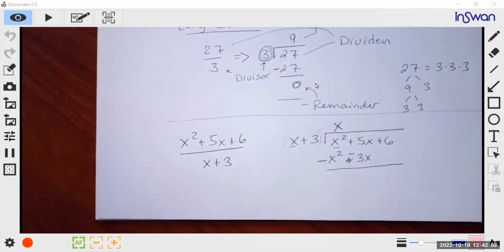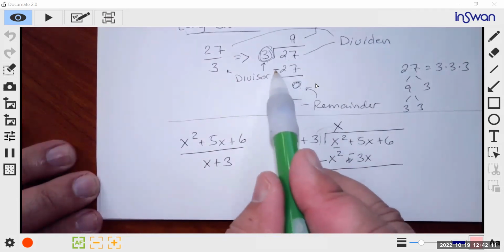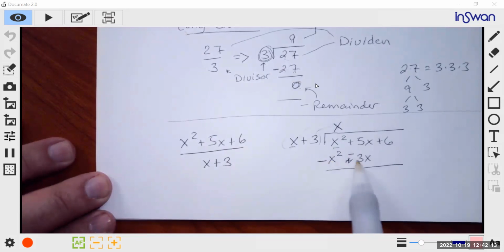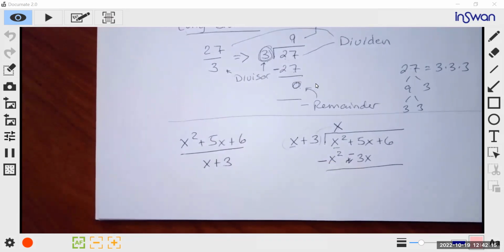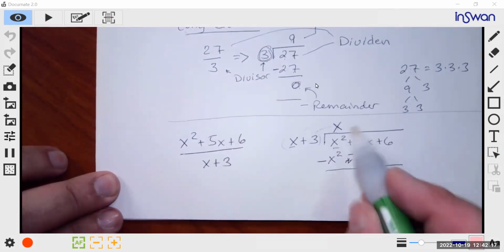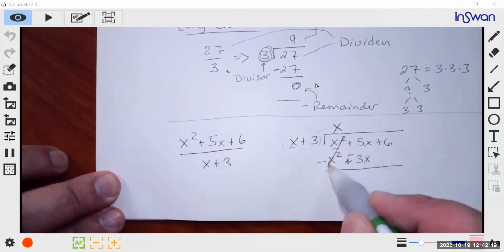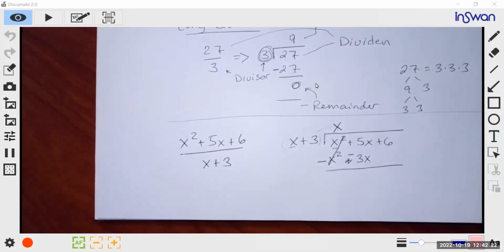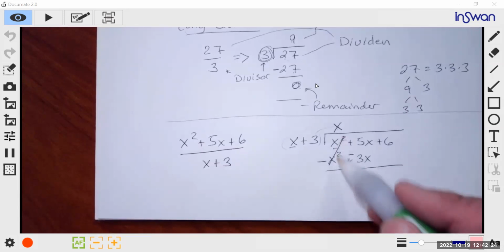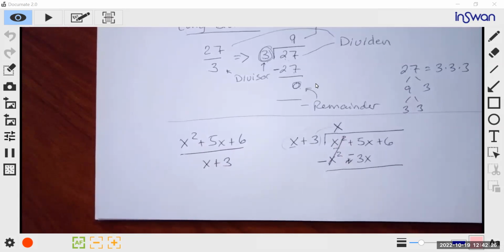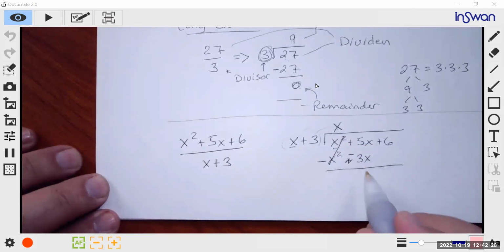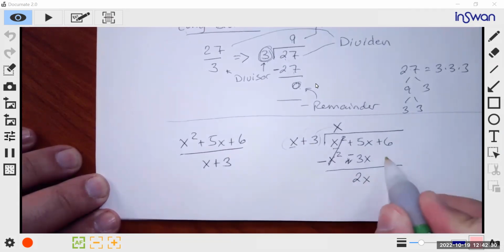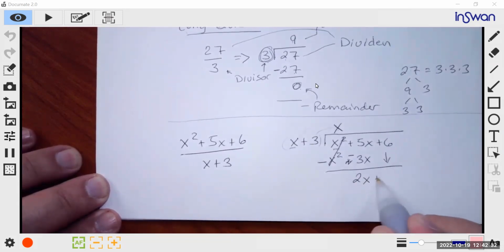It used to be positive 27; when I subtract, I change it to negative 27. So since I have 2 parts, I have to change both of their signs. And now x squared minus x squared cancel. That has to happen. If the first term doesn't cancel, you did something wrong. Then 5 minus 3 is 2x. Bring down what you have left.